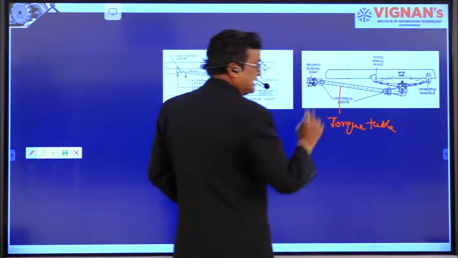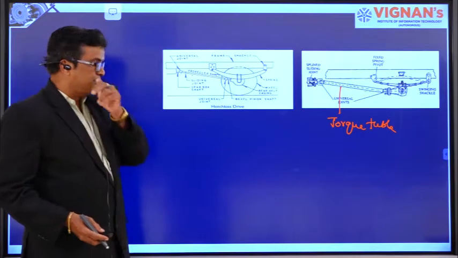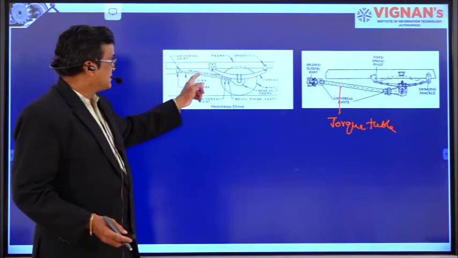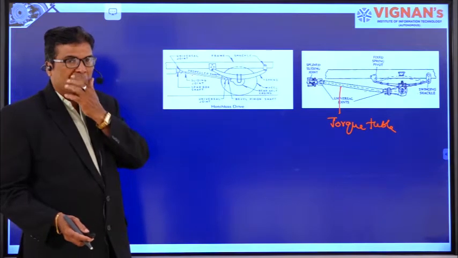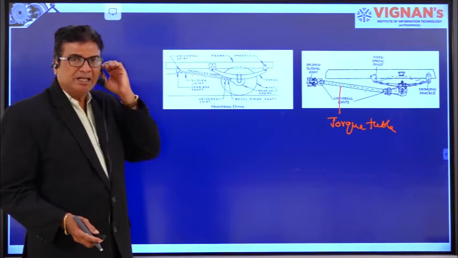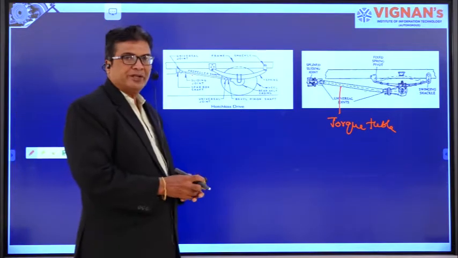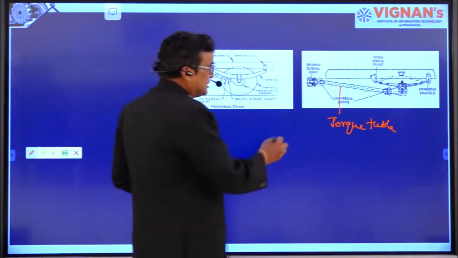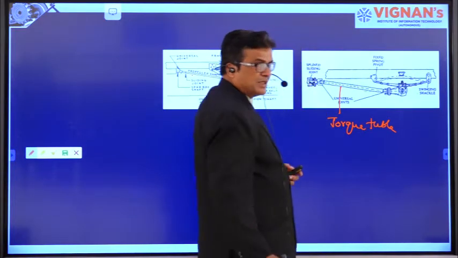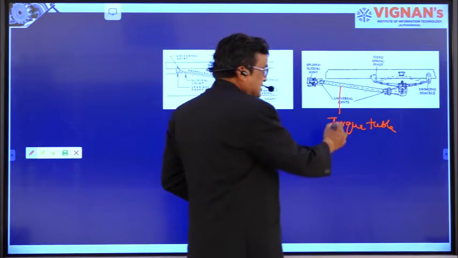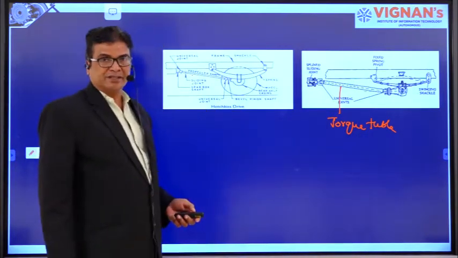See here. In the Hotchkiss drive arrangement, the rotation of the propeller shaft is visible clearly because it is completely exposed. But whereas in the torque tube drive arrangement, since the propeller shaft is completely concealed inside the torque tube, the rotation of the propeller shaft is not seen.